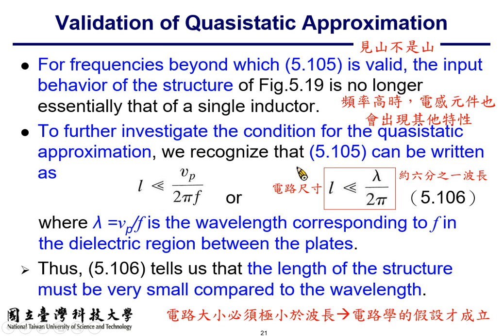On the other hand, as the frequency goes higher or the wavelength goes smaller, if the wavelength is smaller than the circuit size, then a circuit component which is originally used as an inductor can show capacitive properties.